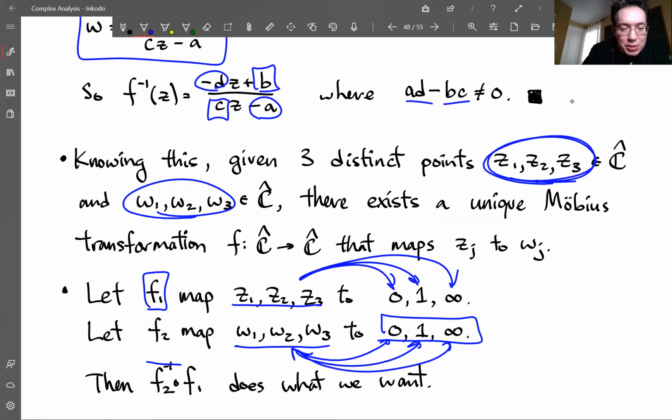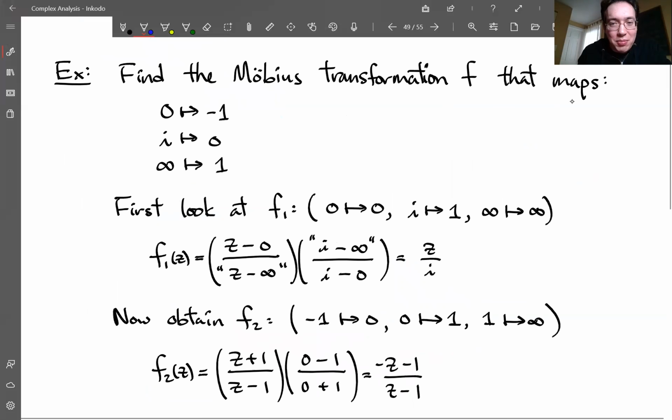So if we compose these two Mobius transformations, we can go from any 3 distinct points from the extended complex plane to any other 3 distinct complex numbers from the extended complex plane. Okay, so that means that we can map any 3 points to any other 3 points, and we'll get a Mobius transformation that does that.